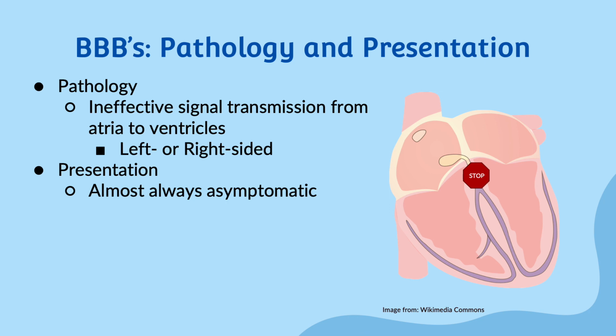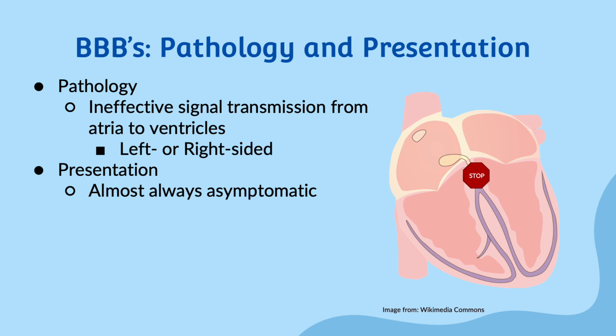Let's delve into the pathophysiology of bundle branch blocks. In a healthy heart, electrical signals travel from the sinus node through the atria, then down the bundle of His and into the ventricles. When a bundle branch block occurs, the electrical signal is slowed down or blocked in either the left or right bundle branch, causing a delay or complete blockage of electrical impulses.